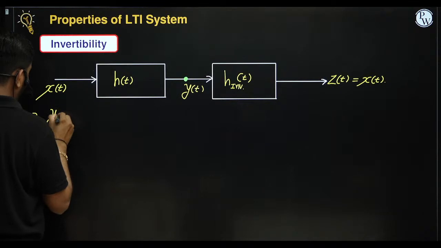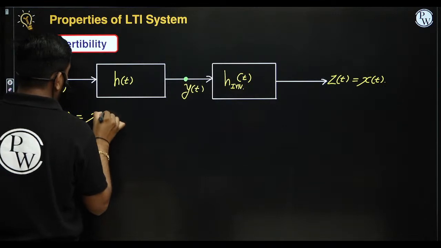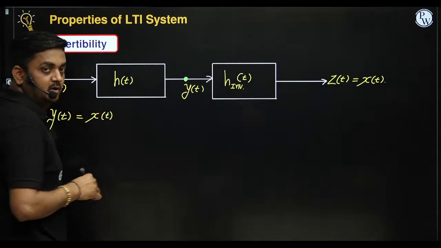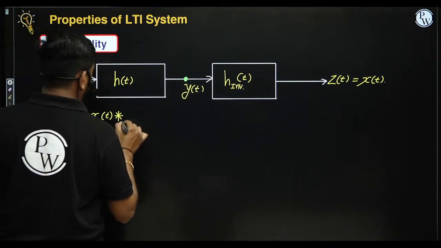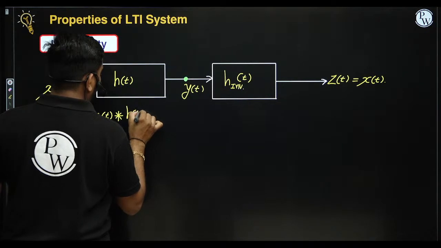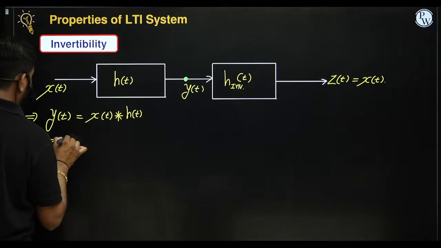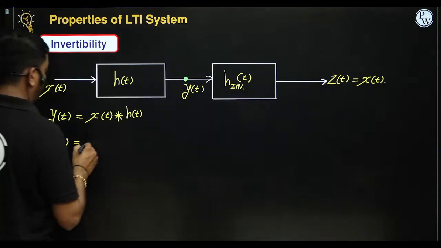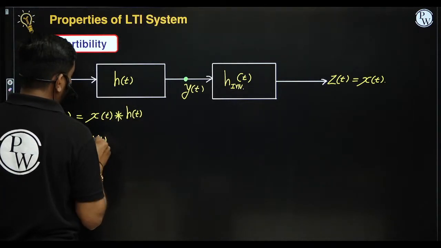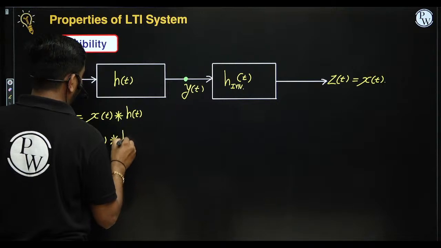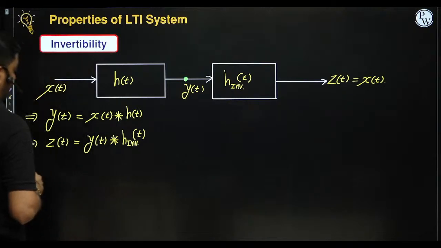Now here y of t, guys, y of t is equal to x of t convolution with h of t, correct? That is the output of the first system. And z of t is equal to y of t convolution with the impulse response of the inverse system.